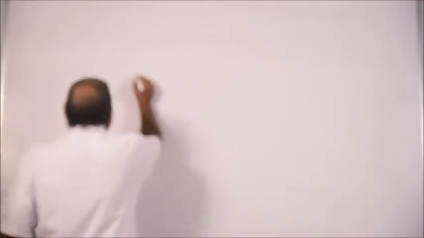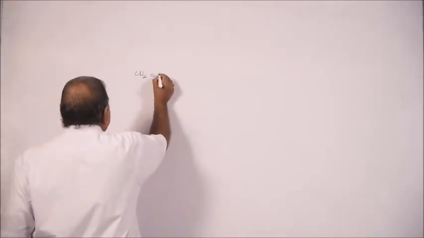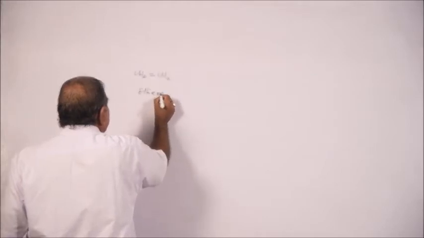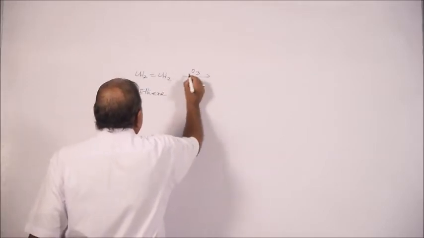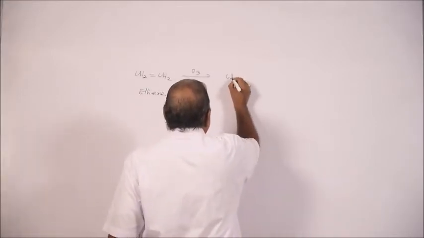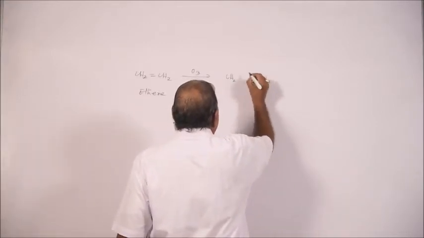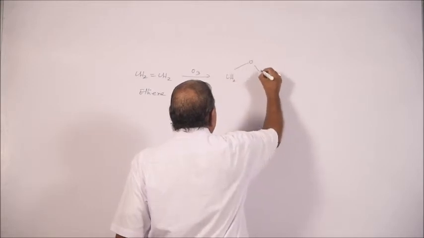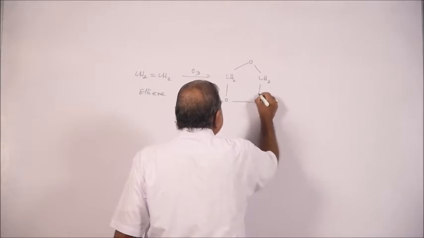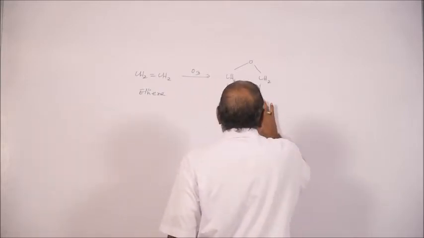Let us take ethylene or ethene. When you are treating with ozone across the carbon-carbon double bond, one molecule of ozone will add up. This is the ozonide.